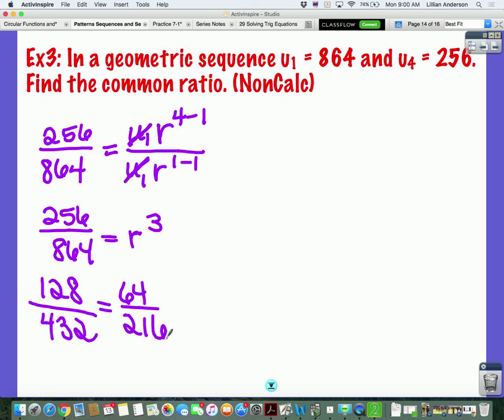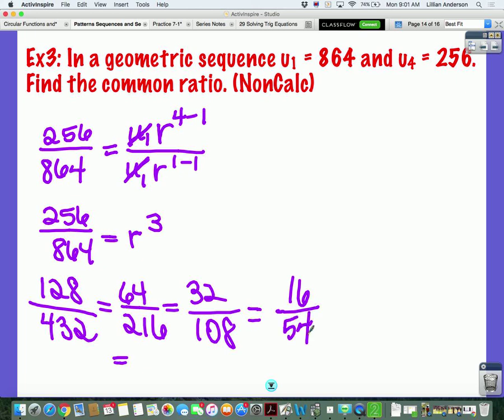Yeah. Sure can. What number? 2. I can still keep going with 2's. What's 64 divided by 2? 32. And what's 216 divided by 2? 108. Okay? Now, can we keep going? Sure can. Divide by 2. 16 over 54.